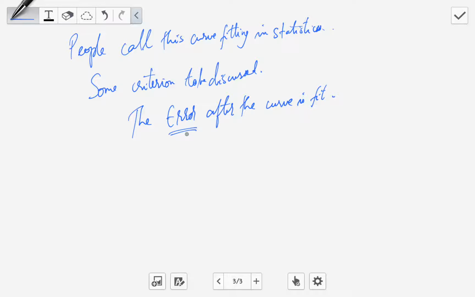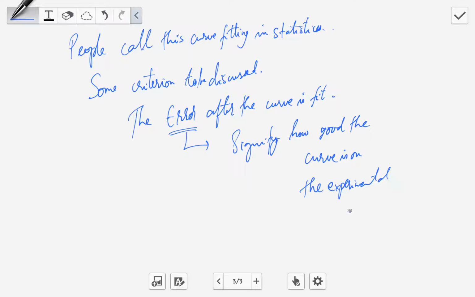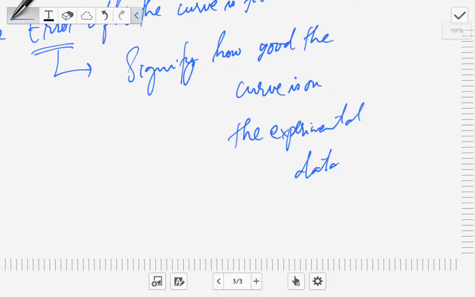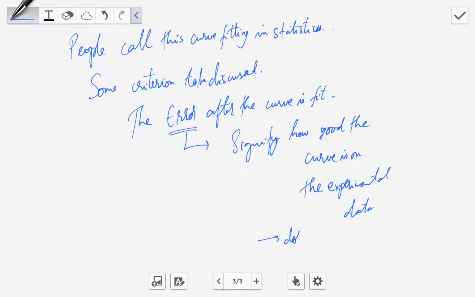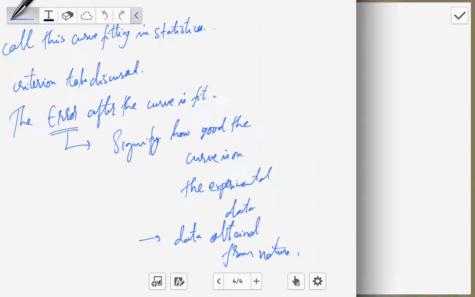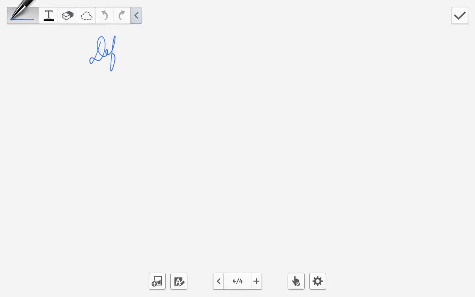Because this error would signify how good the curve is on the experimental data, that is, data obtained from nature. So we have to define some error function.